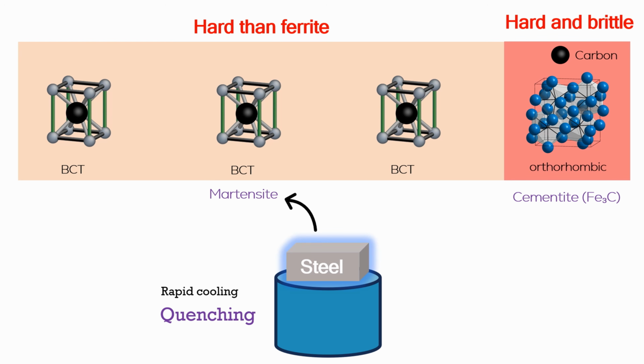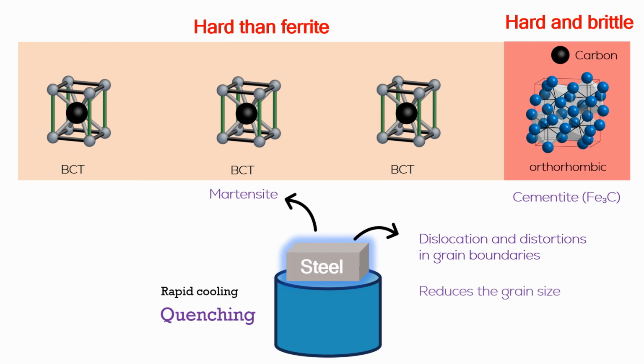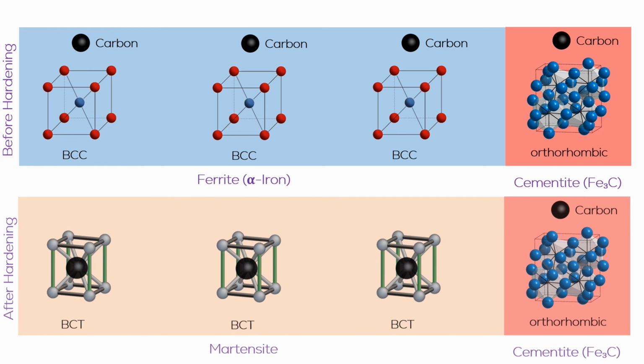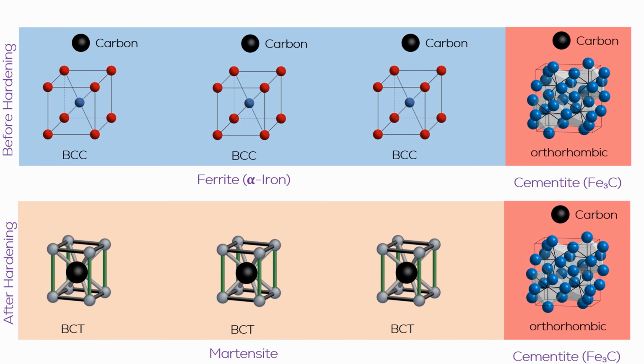Rapid cooling not only forms the martensite phase, but also creates dislocation and distortion in the grain boundaries, and also reduces the grain size, which makes steel overall harder and more brittle. Now, it doesn't mean that all FCC crystal structure grains change into BCT crystal structure grains, meaning the complete ferrite phase changes into the martensite phase.